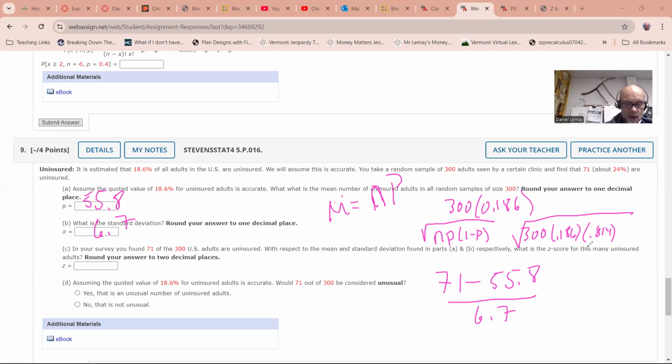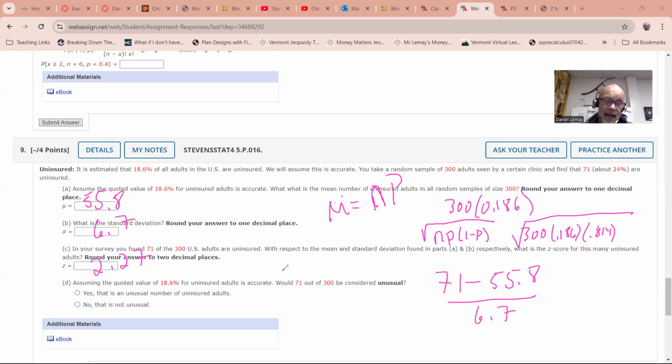I'm getting a z-score of 2.27. 71 is above the mean, so it should be a positive z-score. So 2.27. Is that more than 2 standard deviations away from the mean? It sure is. We consider it to be unusual, or it's an outlier in this situation.